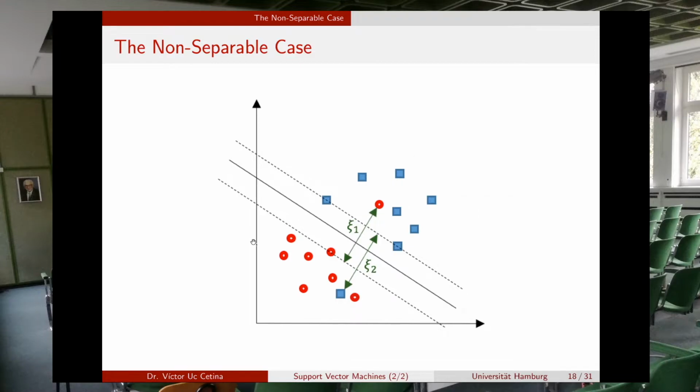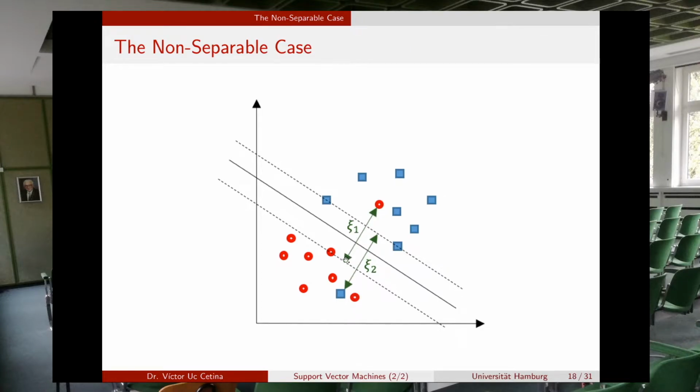Okay, so now let's talk about the more realistic problem in classification, where you have non-separable clouds of points. Imagine this data set in which you have, for example, in this case, two outliers.